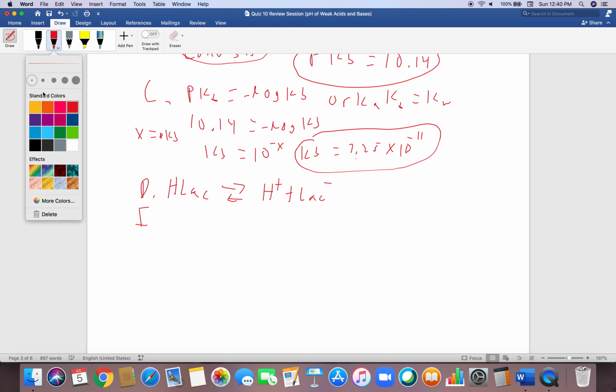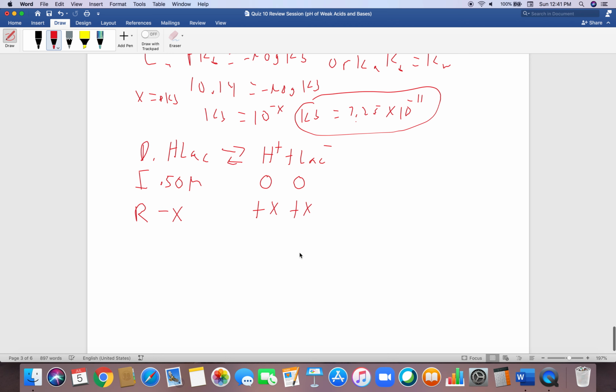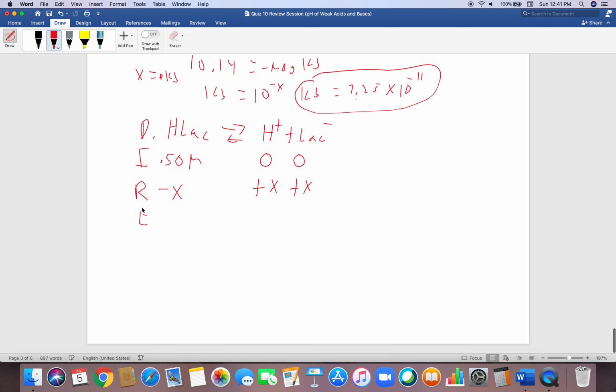We're given initially the 0.5 molar. And initially we have 0 of our products. We're going to react, and we're going to lose X, but gain it on our product side. So at equilibrium, we have 0.5 minus X, and we have X and X.